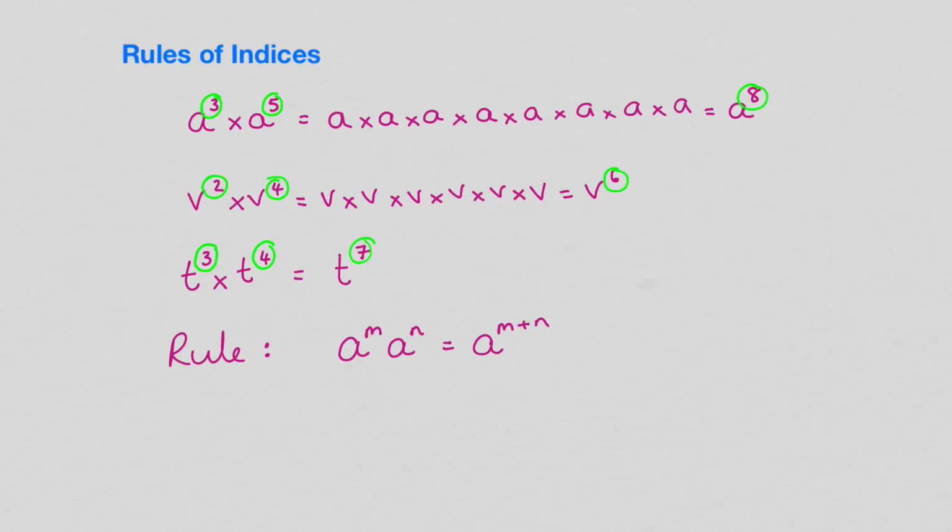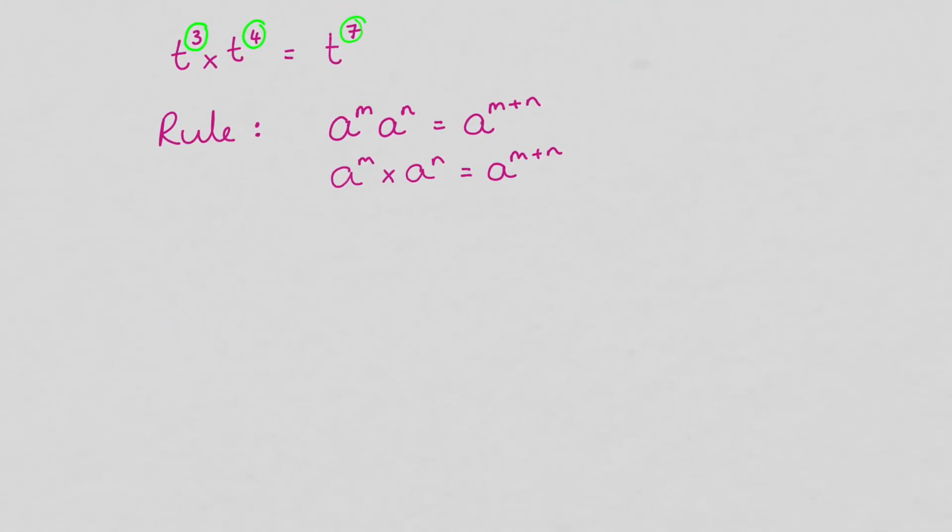Okay, now I didn't put that times sign, the multiplication sign, in here because we don't need it, but if you want it in there just to make this really clear, that's what we mean. So we add the powers together. So if we've got a to one power times a to another power, we add the two powers together to get the new power. Okay, so it does need to be the same thing though, here and here.